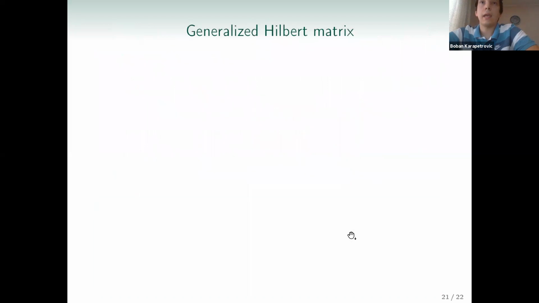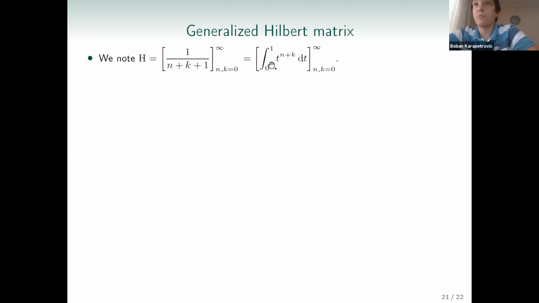Also, I can say something very briefly related to the generalized Hilbert matrix. So the Hilbert matrix H is this matrix, and this is actually the same as the integral from 0 to 1 of t to the n plus k dt. So this is 1 over n plus k plus 1. And let mu be a positive Borel measure on the interval from 0 to 1.